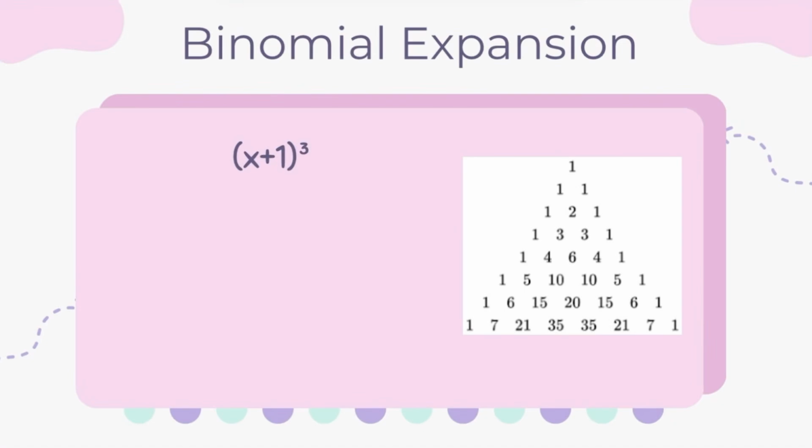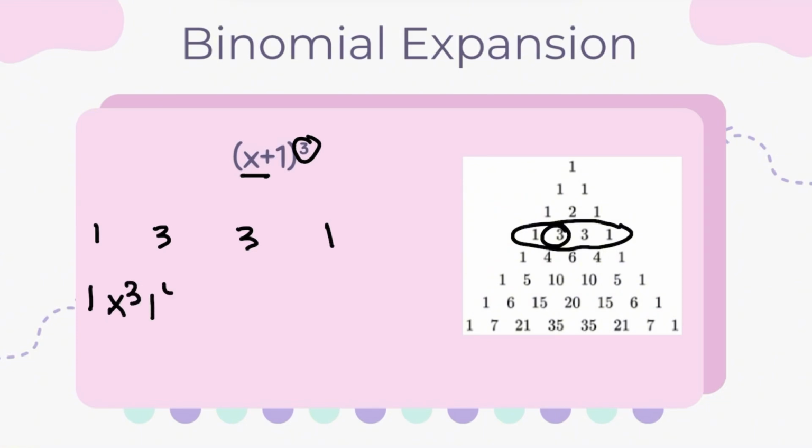A binomial expansion is when you have a binomial to a power. The easy way to expand it is to use Pascal's triangle, which is this. If it's to the third power, then you use the row that has the 3 after the 1. That means you have the coefficients 1, 3, 3, and 1. For the first one, just do 1 times the first term cubed, and the second term to the 0 power.